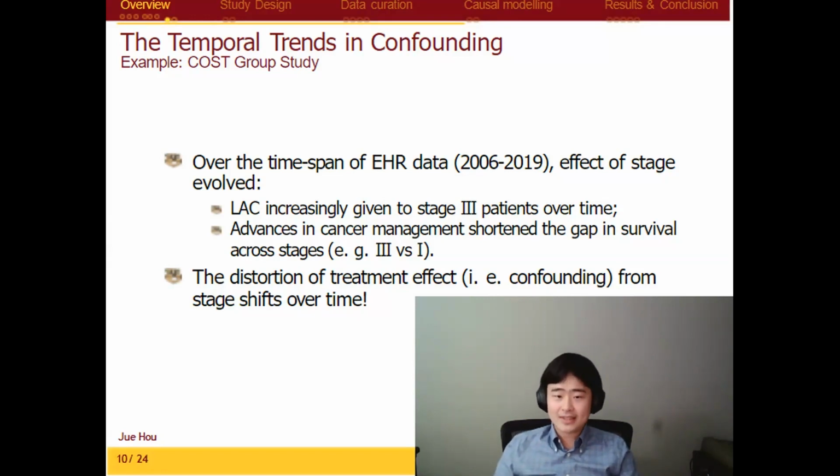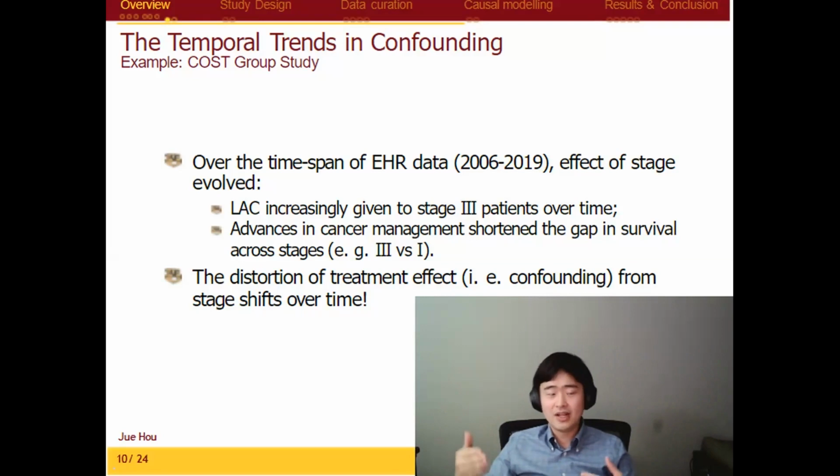We also see, related to the surgery, that LAC has been increasingly given to even stage 3 patients over time. And like I mentioned, better management of late stage patients, like adjuvant chemotherapy, better targeted therapy and immunotherapy, might shorten the gap in survival across different stages, right?